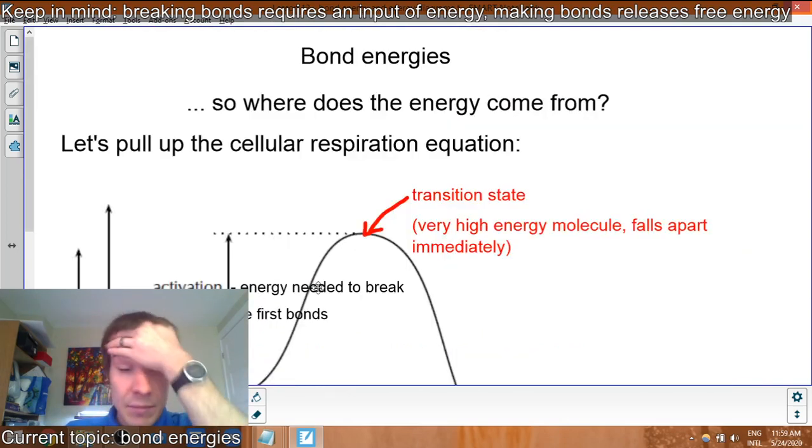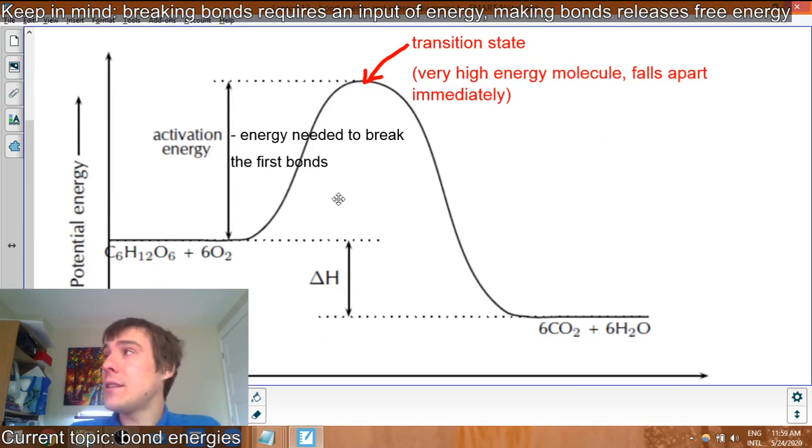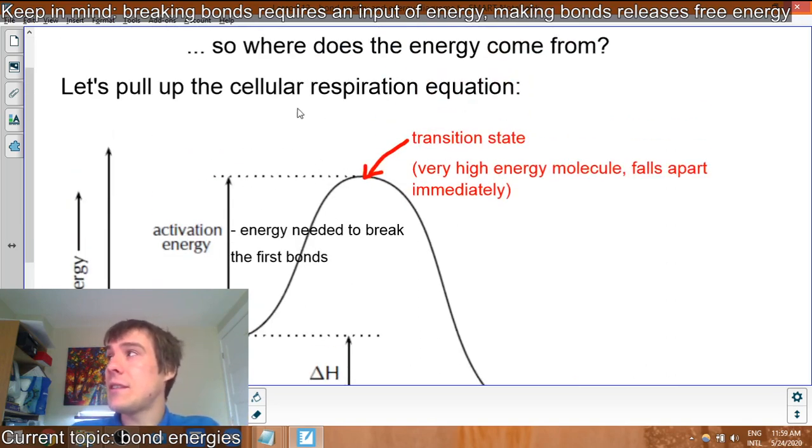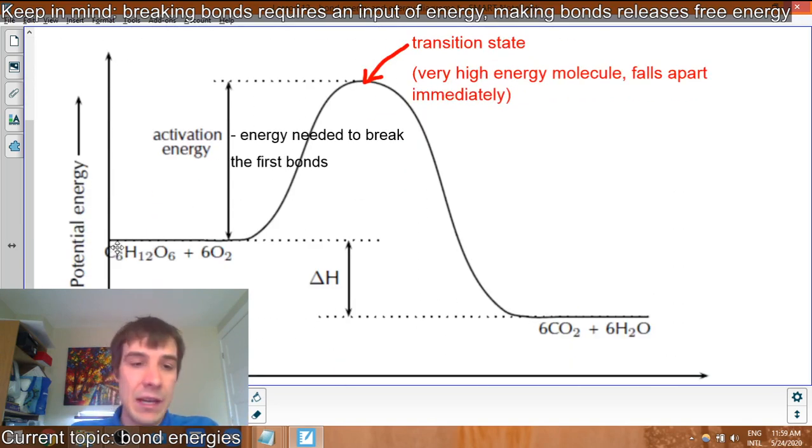Okay, so let's talk about bond energies. Once again, here's another example of it. Here's the cellular respiration equation. Here we've got glucose and oxygen. Here we've got carbon dioxide and water. We have to break bonds before we can make bonds. We break carbon and hydrogen bonds, carbon and oxygen bonds, oxygen bonds, and it takes energy to do it.